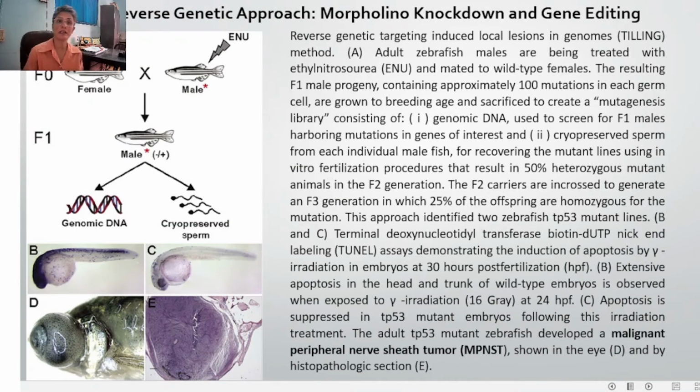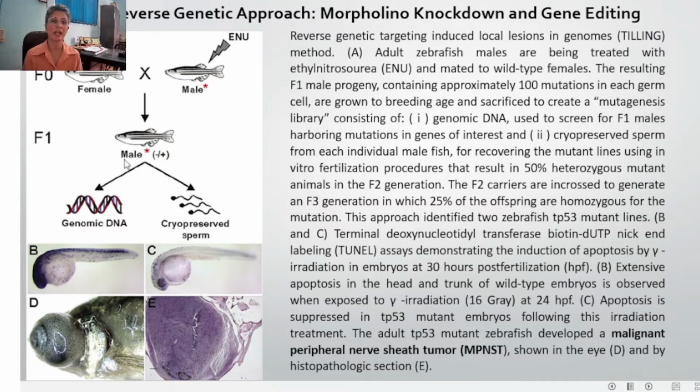Now another approach, that is the reverse genetic approach, with Morpholino knockdown and gene editing. In this case, reverse genetic targeting induces local lesions in the genome, which is known as TILLING method. In that case, particularly the adult zebrafish males are treated with ethylnitrosourea, that is ENU, and mated with wild type females, that is the F0 generation.